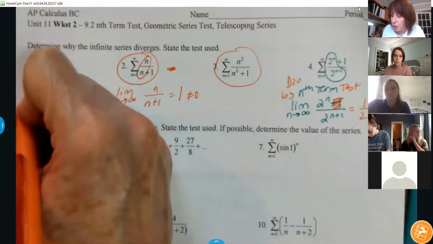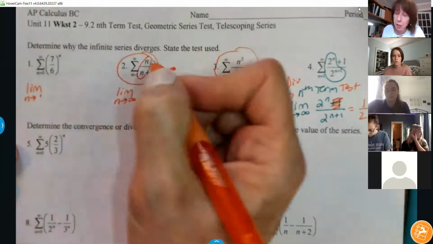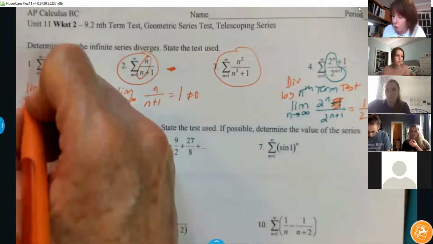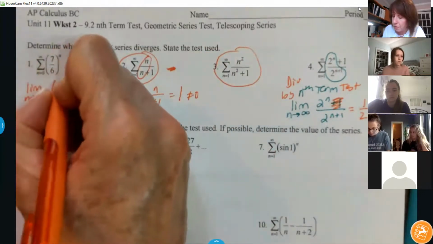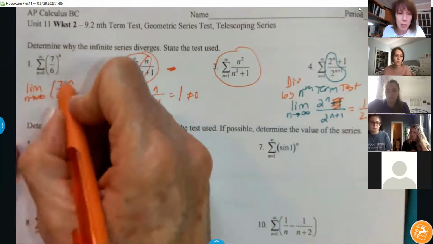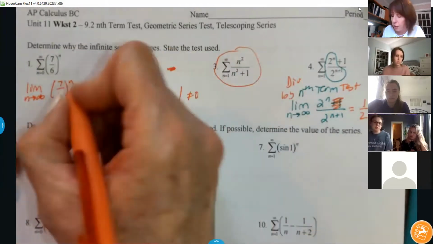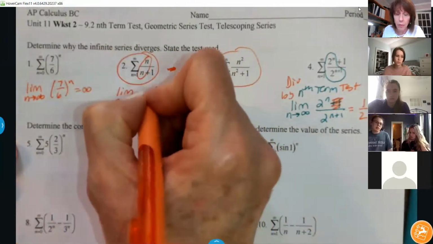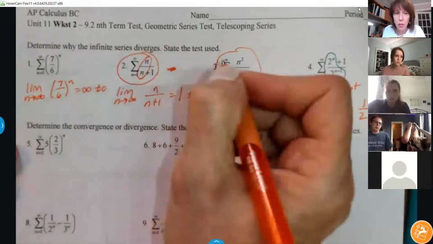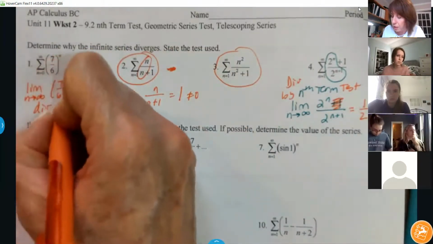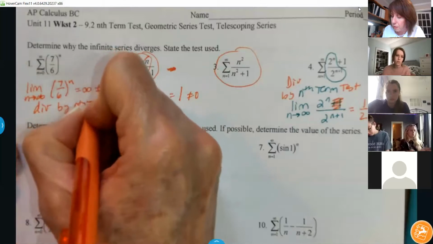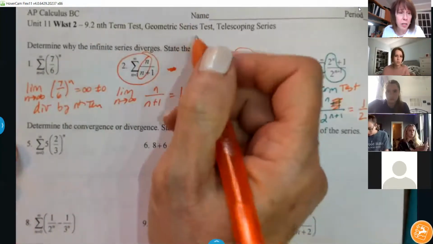So we could do this by geometric series test or by nth term test. Since this is bigger than 1, as n goes to infinity, this is going to infinity, which is not 0. So diverged by nth term test, or by geometric series test.